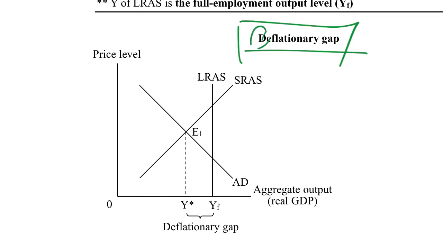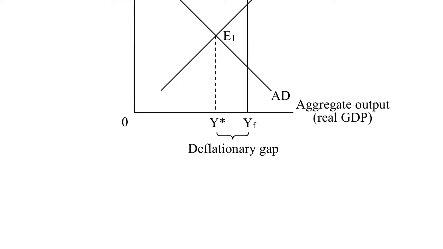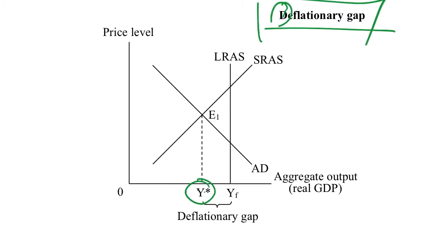It's like a negative, like it's not enough. In a deflationary gap, our output level is less than the potential output, that means YF. So our short run equilibrium point is not the same, it's less than the LRAS.